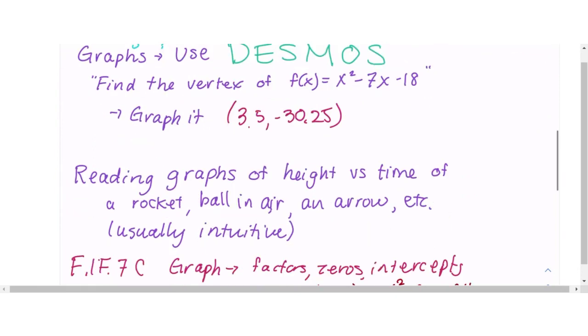Everything else on that standards evaluation was reading graphs of height versus time of a rocket, a ball in the air, an arrow, whatever, and it's usually pretty intuitive, just like reading the graph. Remember that it goes height versus time. Okay, so that was the key features with what we just did.